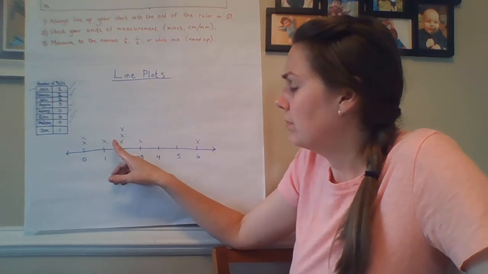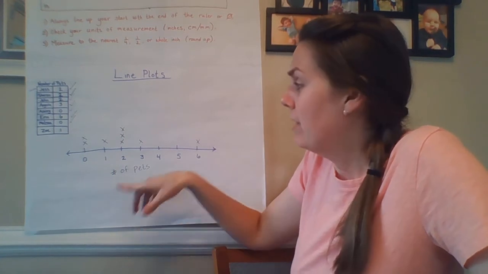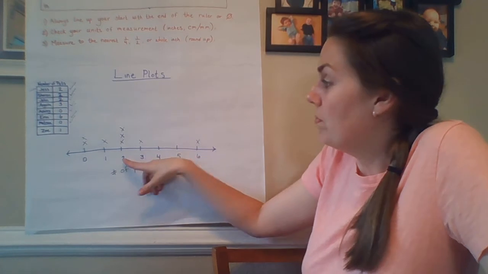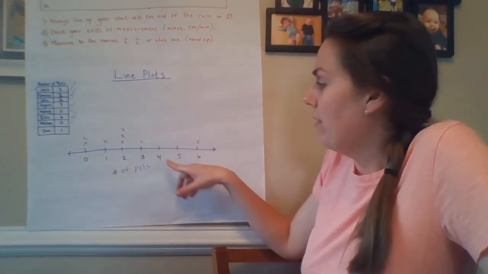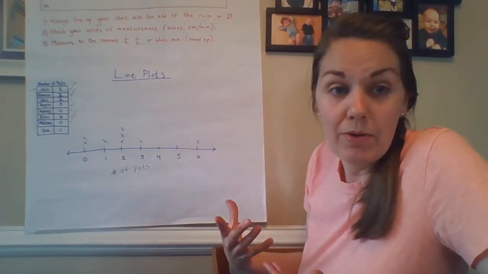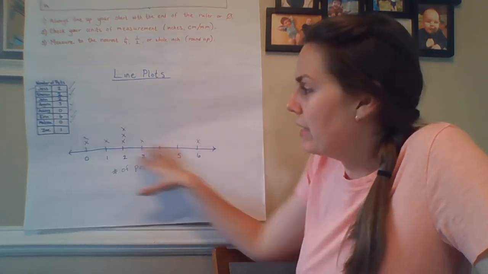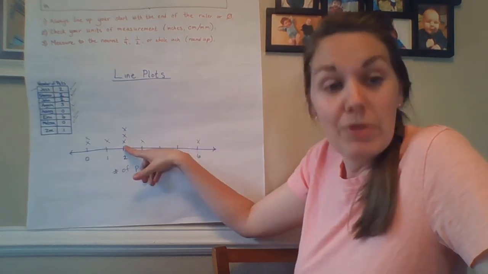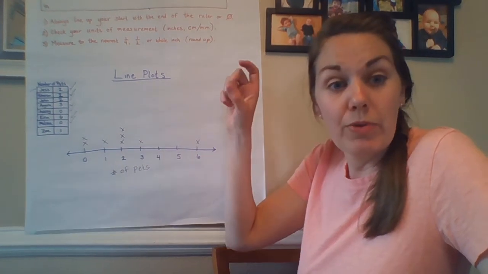So if I were to use this information, the number of pets that the most people had would be 2, because that was the most X's. And the least number of pets would be 4 or 5, because none of the people I polled had 4 or 5 pets. Again, your line plot is a nice way of showing the frequency with which something occurs. Our answer of 2 pets occurred the most frequently here.